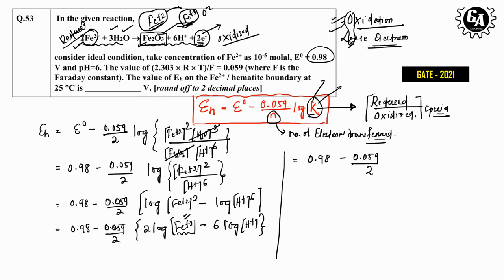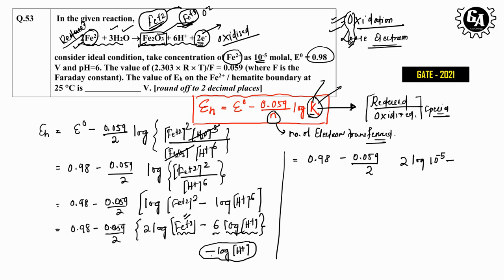What is the value of Fe2+? You can see initial Fe2+ was 10 to the power minus 5. So 2 log 10 to the power minus 5, minus 6 log H+ concentration. Minus log H+ concentration is your pH, so I can take the value of pH, which is 6.